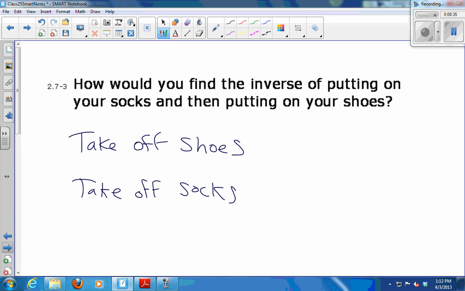We always undo things in the reverse order that we did them. It's kind of like watching Rewind. You do some stuff and then rewind it and go backwards to undo it.